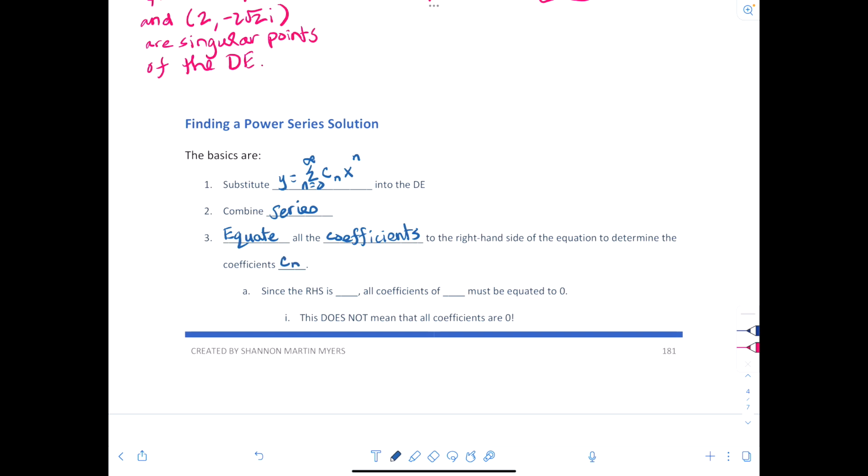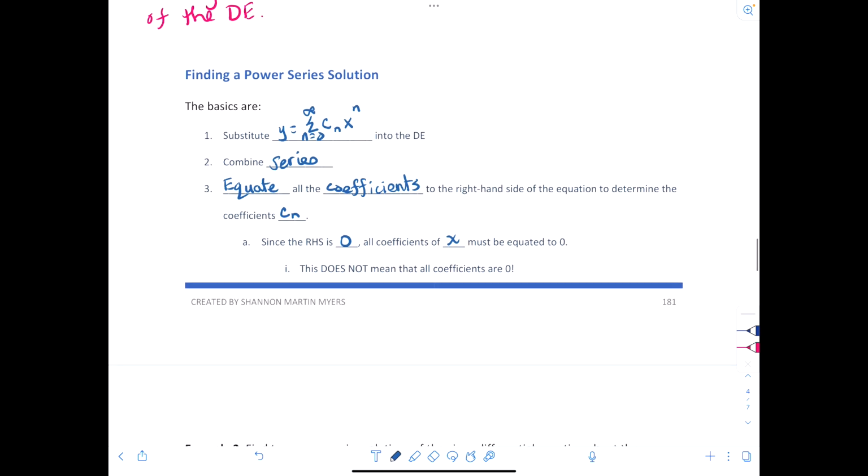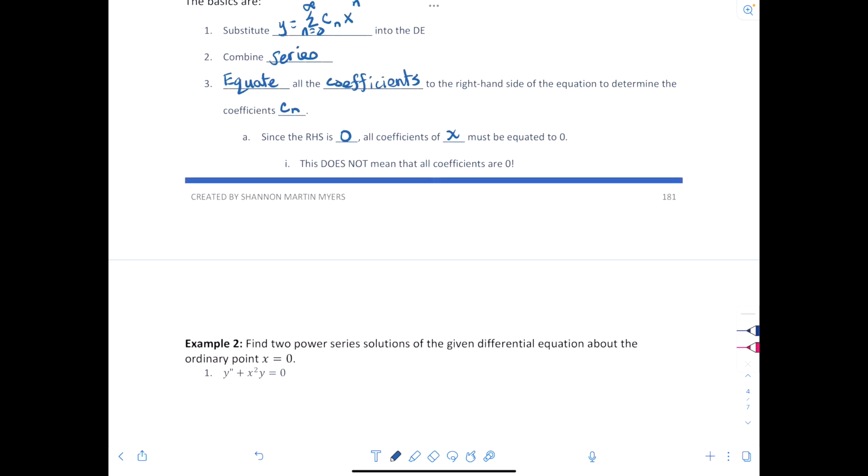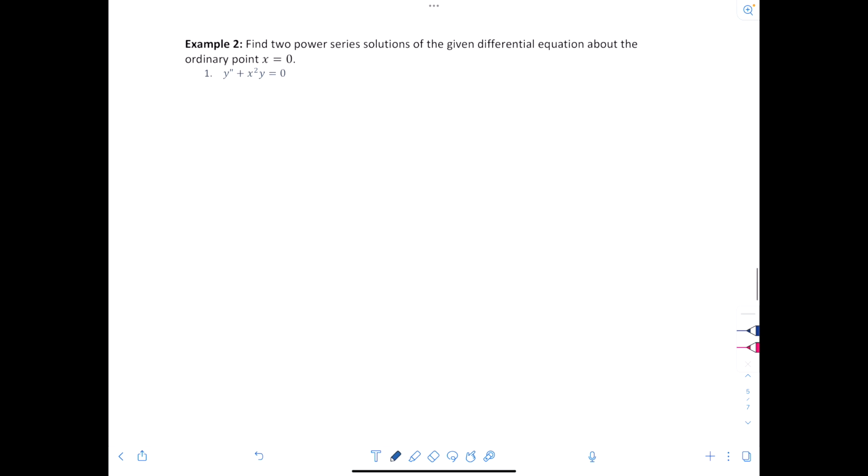Since the right-hand side is 0, all coefficients of x must be equated to 0. This does not mean that all coefficients are 0. And don't forget the constant terms, which are really multiplied to x raised to the 0. Okay, so let's look at an example.